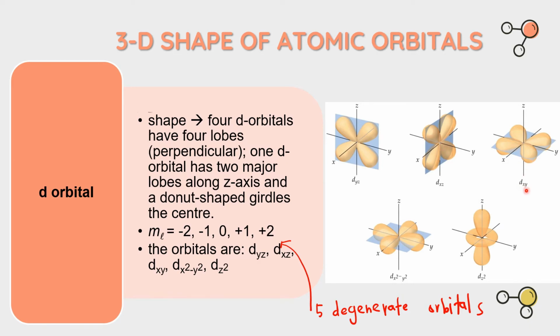And for dxy, draw the cloverleaf shape in between x and y axis. So we have x axis and y axis here. So draw the shape in between the x and y axis. And for dx squared minus y squared, yang ni quite different dengan the other three, di mana the shape of the cloverleaf for dx squared minus y squared, you have to draw on the axis itself.